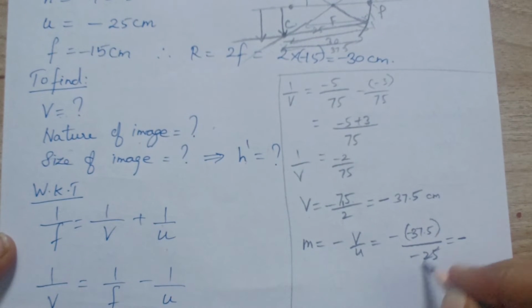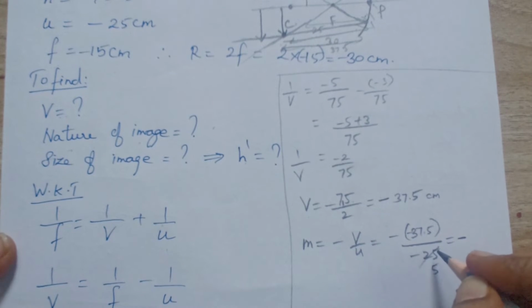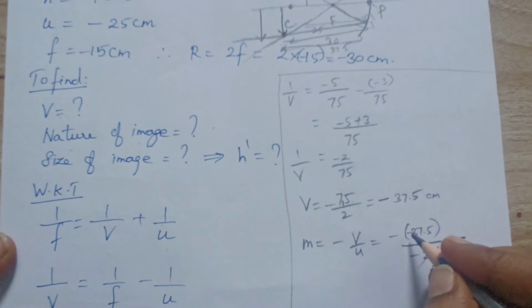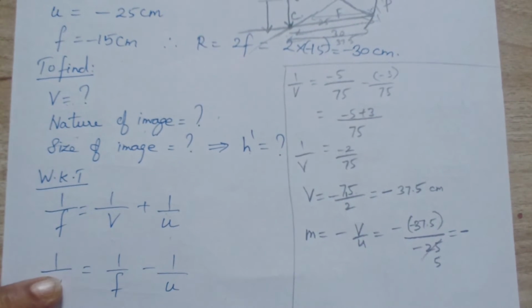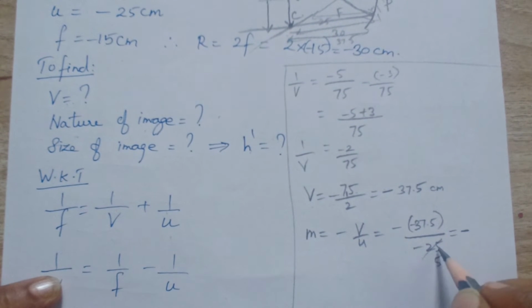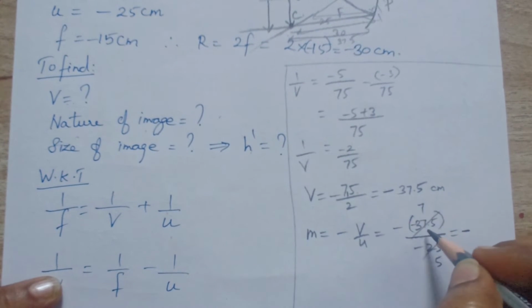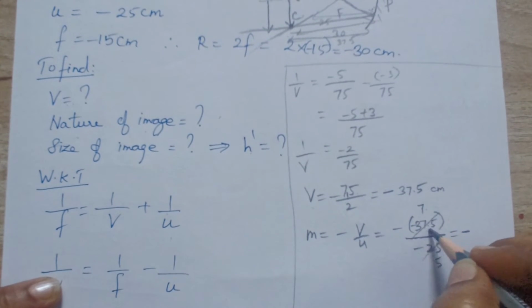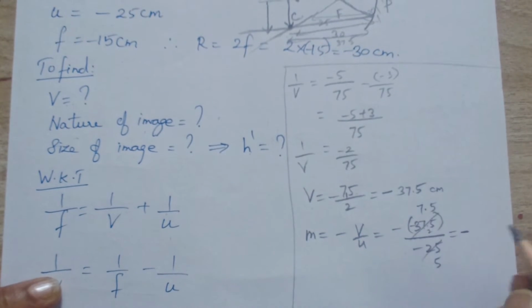This is how much? 5 times, 7 times, balance 125, 2 times 25, 7.5.